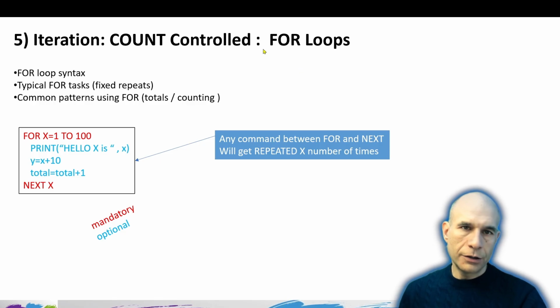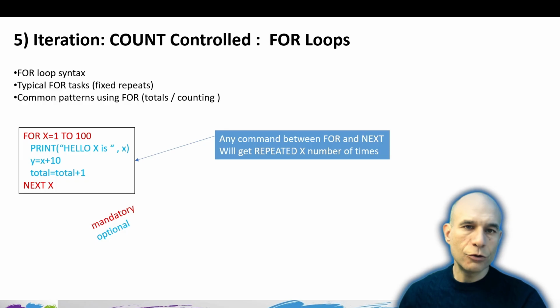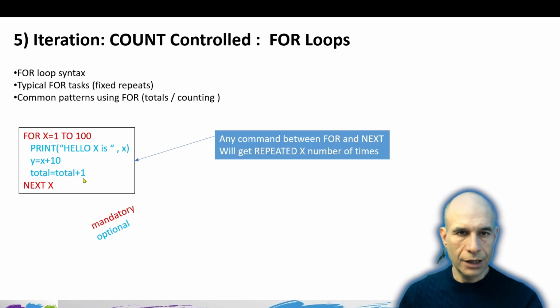The loop is called for, and this is the syntax. You create a loop between these two lines. When you say for and create a variable, here we created a variable called x. For x equal to 1 to 100, x gets assigned from 1 to 100.